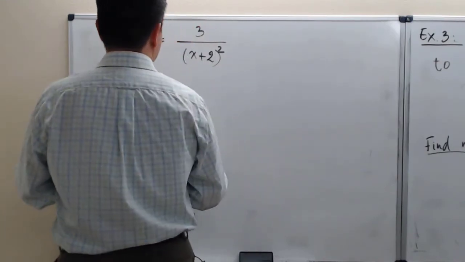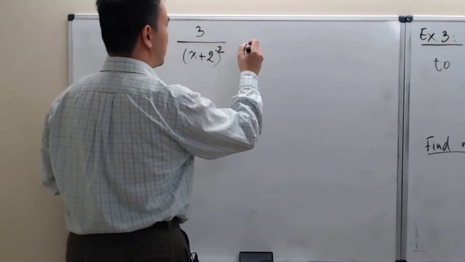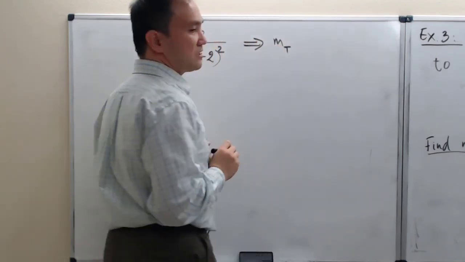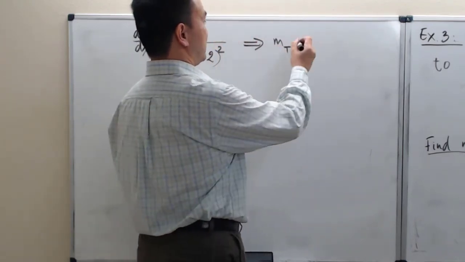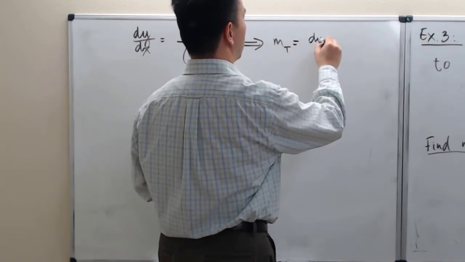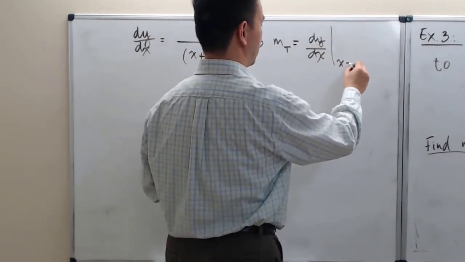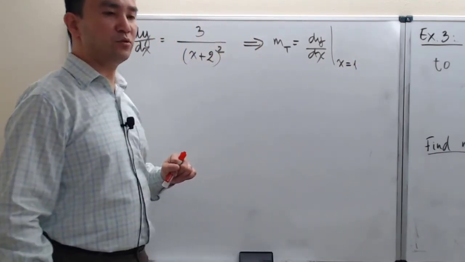So that means we get to what we need now. The actual slope of our tangent line is equal to the dy dx that we have found, but this time particularly substituting in x equals 1.